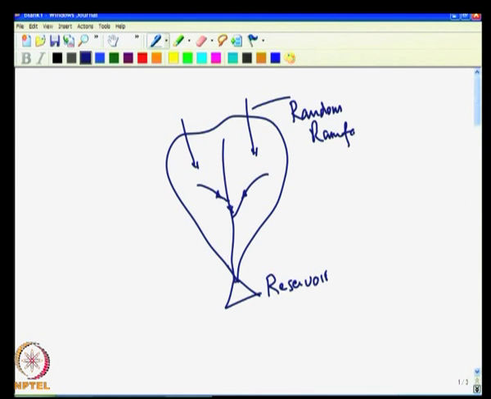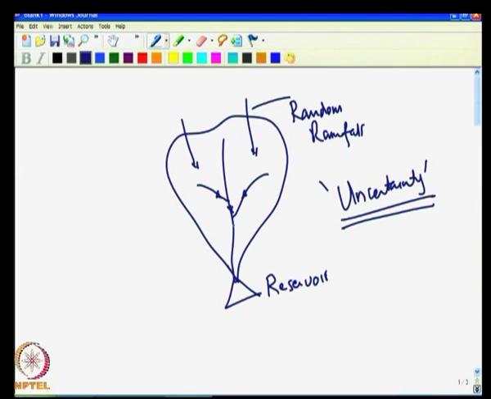Or I will say rainfall is a random variable, and because rainfall is a random variable, the stream flow which is dependent on the rainfall also becomes a random variable, and therefore, there is an uncertainty associated with the stream flow process.